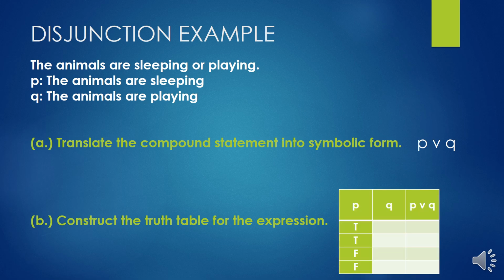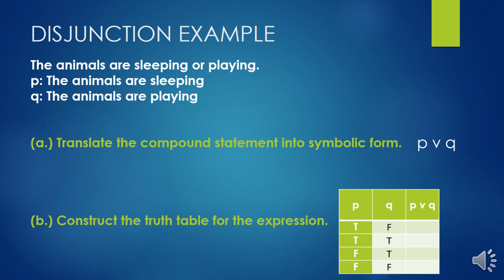Here we have our blank truth table. We will start by filling in the column for Q. Now, we've filled in this column several times already, so I'm just going to go ahead and fill it in. Next, I need to fill in my column for this statement P or Q. Now, remember the rule.